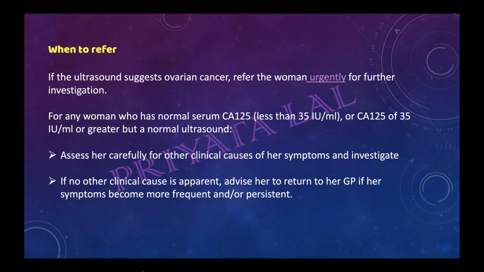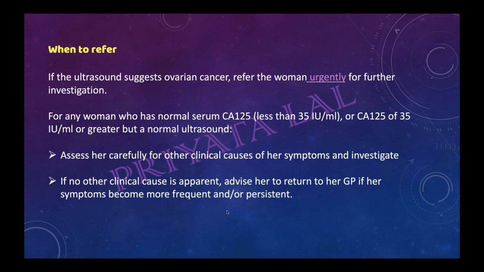But the second situation: if CA125 is less than 35, or if it is more but the scan is normal, in both of these situations the probability of ovarian cancer is very low. So the GP will investigate to find the reason for her symptoms. That means it is not likely to be ovarian cancer. So if there is no apparent cause, then the GP will advise her to come back.